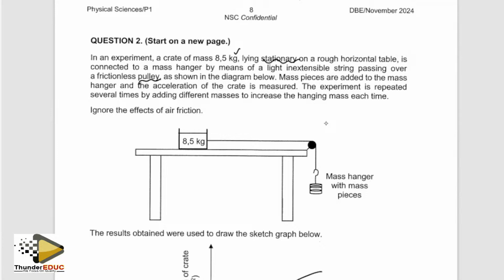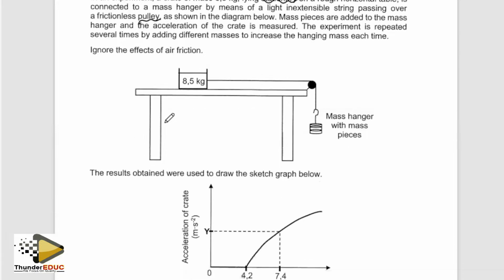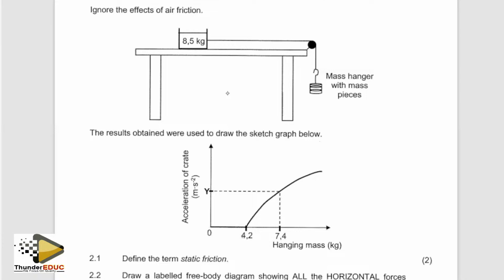Mass pieces will be added bit by bit up until the crate starts to move. The experiment will be repeated with different masses. We're ignoring air friction. So we have this, and then we have this graph, which means we're going to have to use both of them simultaneously.